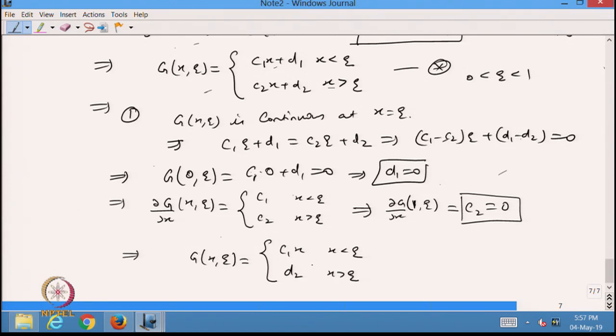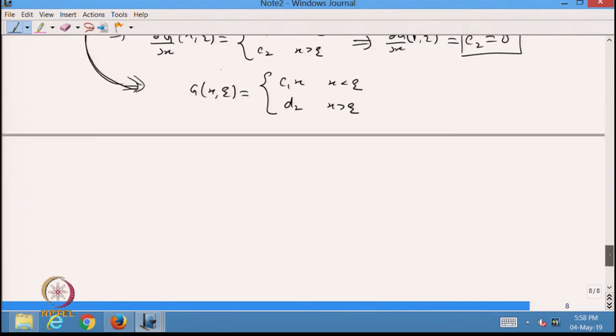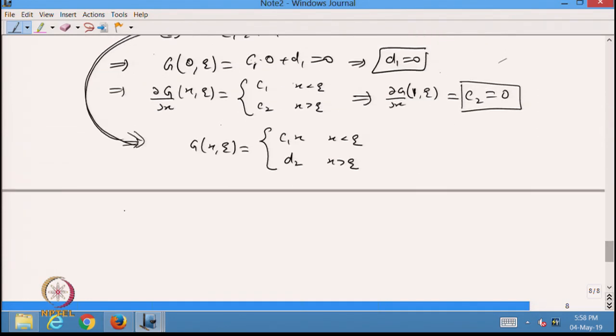Now, I will take the help of these properties. With the help of this continuity equation and the jump equation, I can find the values of C1 and D2. So, I will do this part now for this Green function, because this is the Green function after putting the boundary condition. From here, the first property gives that it is continuous at xi.